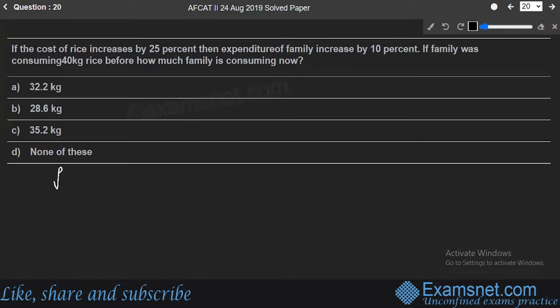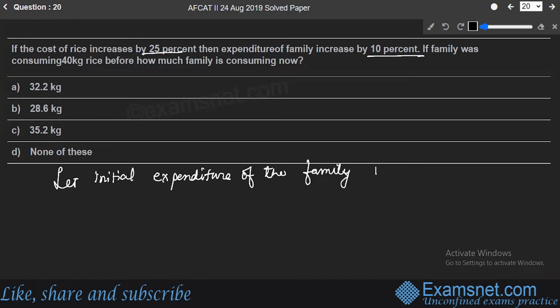So let's assume the initial expenditure of the family. See, in the question we are given only the percentages. So we will assume that the initial expenditure of the family is equal to 100 rupees for 40 kg rice. Correct.